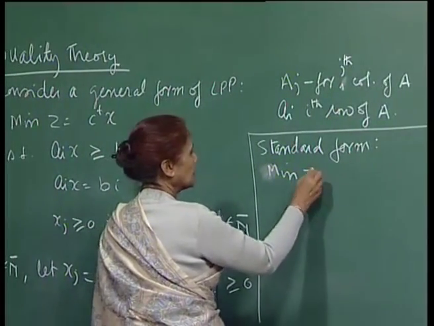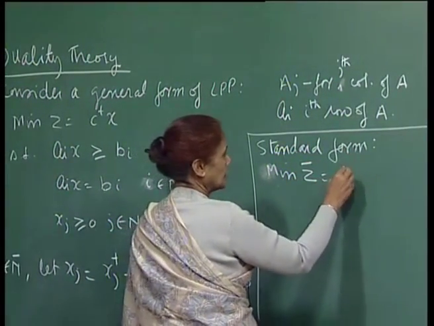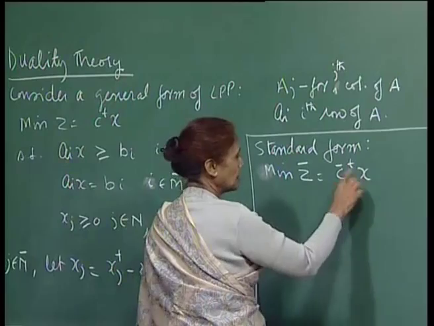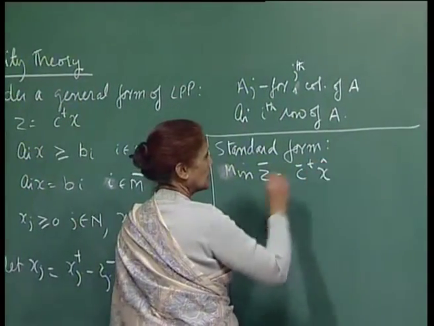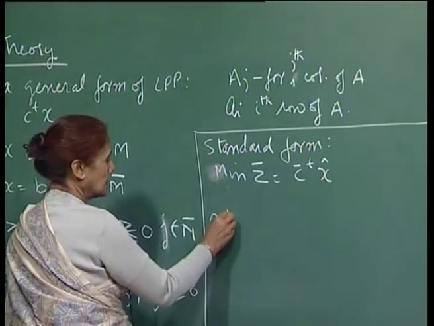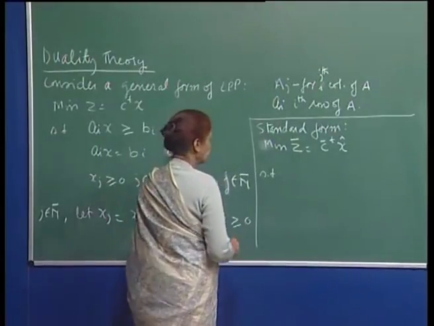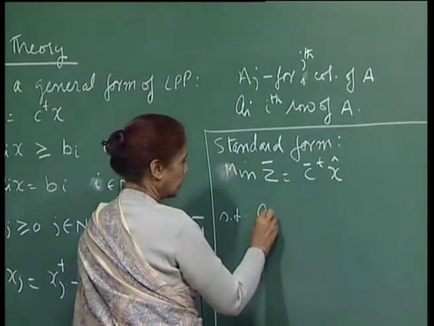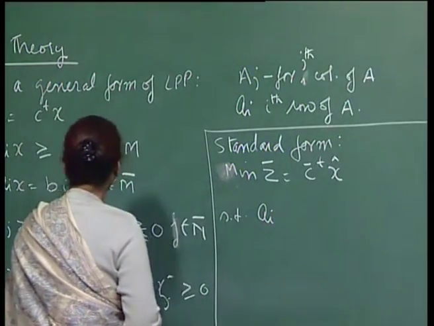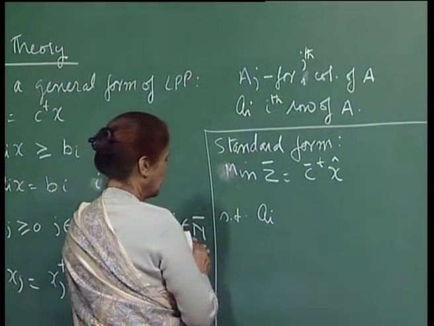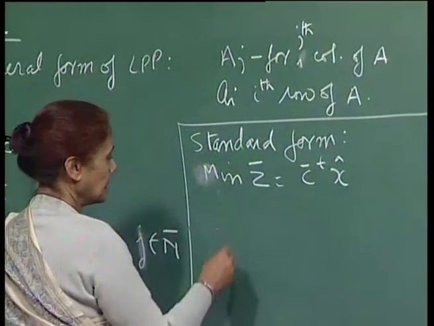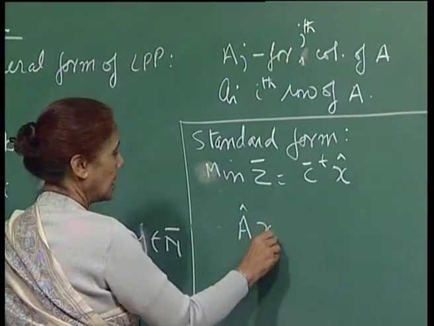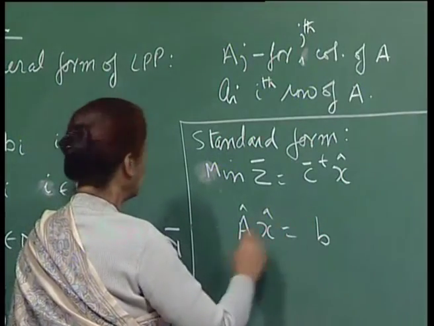minimize, maybe you can say this is z bar, which is c bar transpose x hat, because now your c bar has changed, subject to a hat x hat equals b.